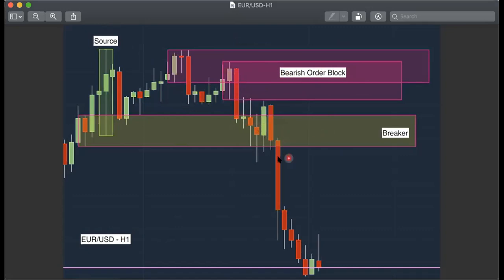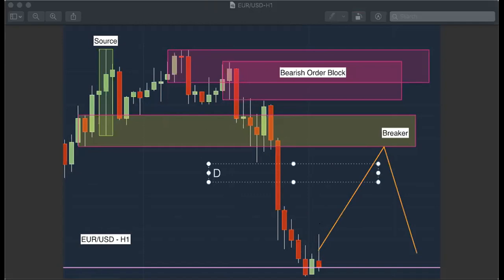So once we get this breaker, the total structure changed from up to down. So from this point onwards, we will look for the retest of the breaker and then down we go, because the order flow is down now instead of up.